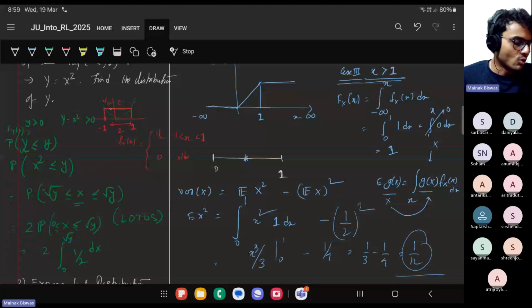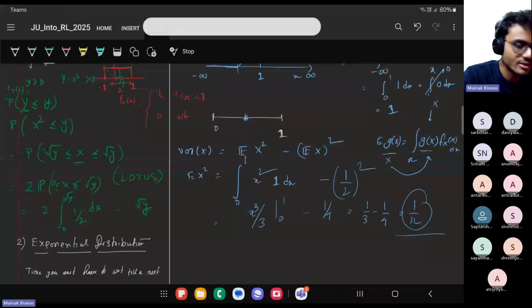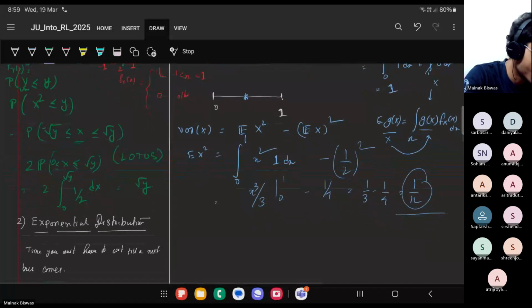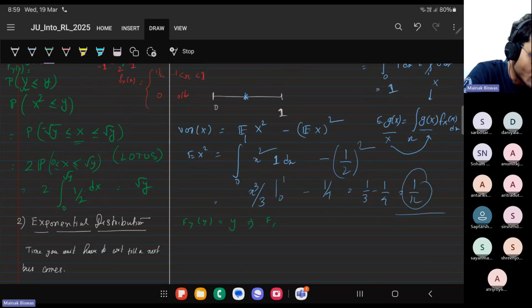Great. So now what will be the PDF? How will I find the PDF from the CDF? I already know the CDF is root y. So the PDF f of y is the derivative with respect to y of the CDF.